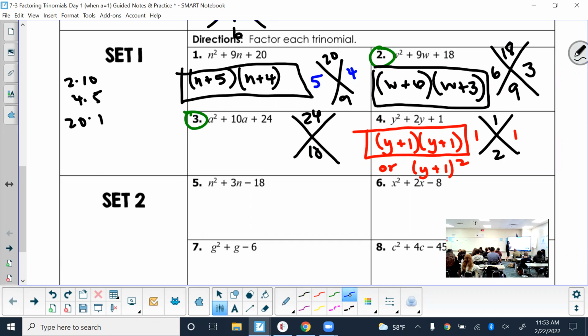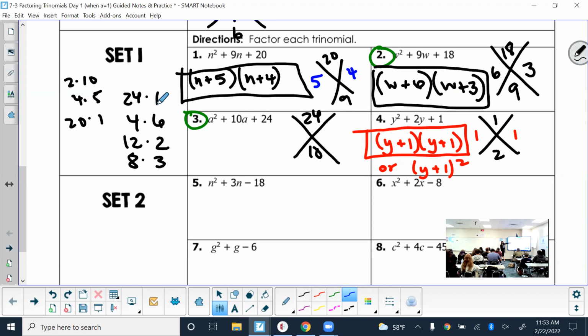So what are some of them? 4 and 6, that's probably what your answer was. What are my other options? 12 and 2. What else? 8 and 3. And 24 and 1.